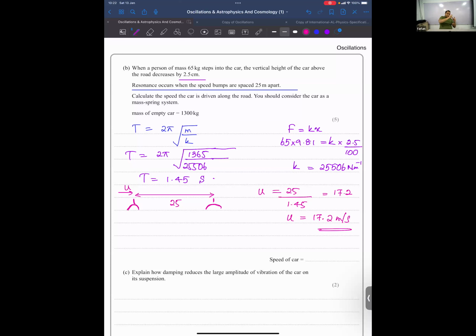So exactly when it is completing that oscillation, if it is getting the next shot, that's where the resonance happens. Now, this is being tapped at a certain frequency. If that frequency is equal to the natural frequency of this, that is what you call resonance.